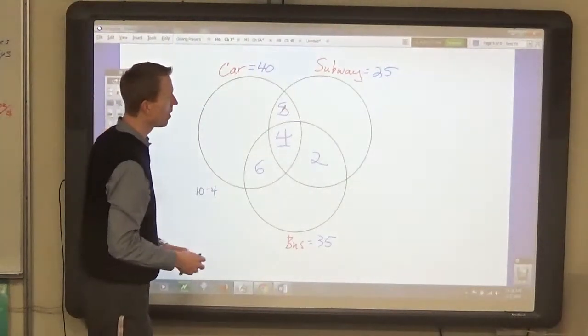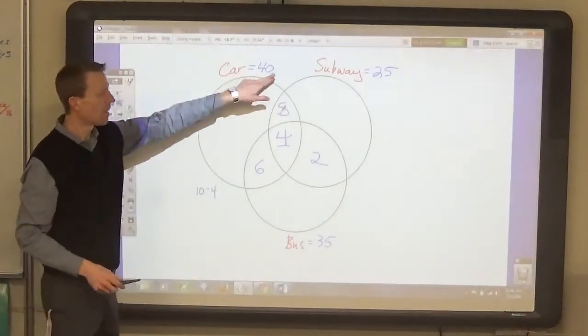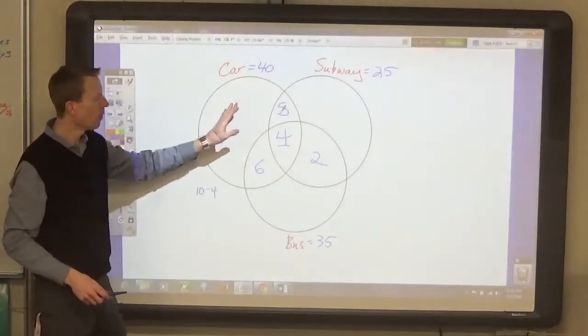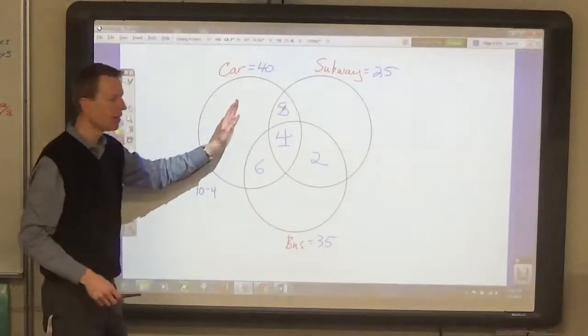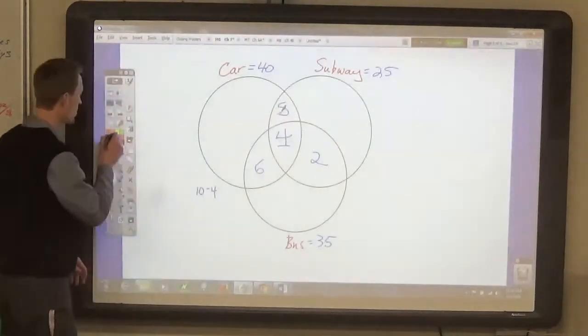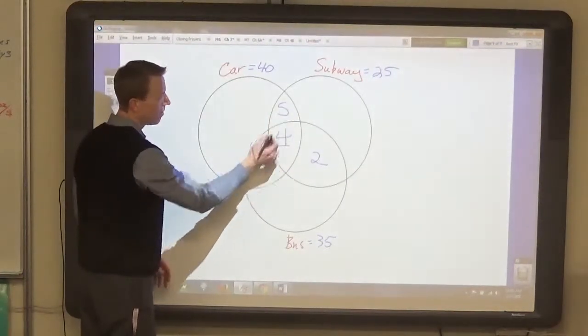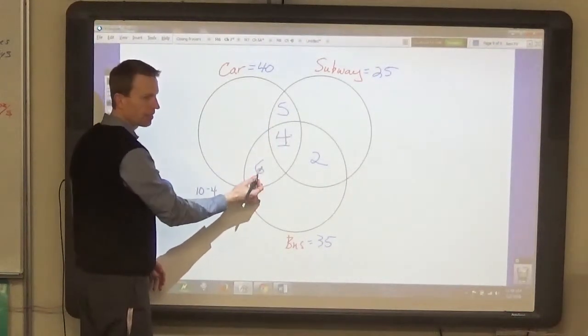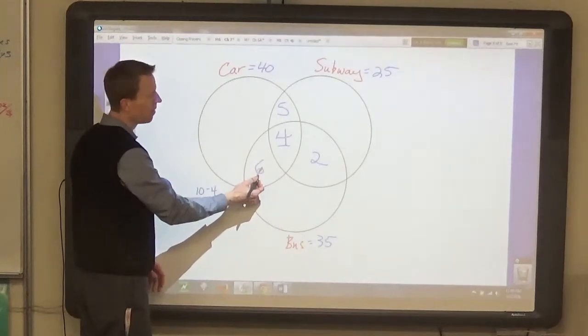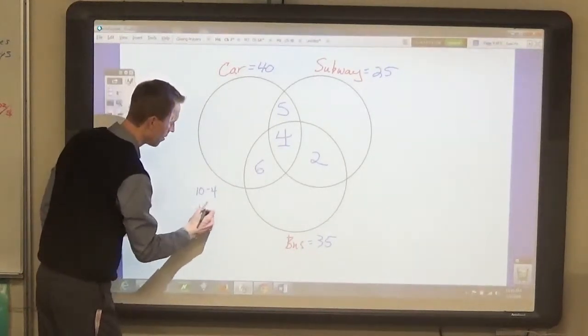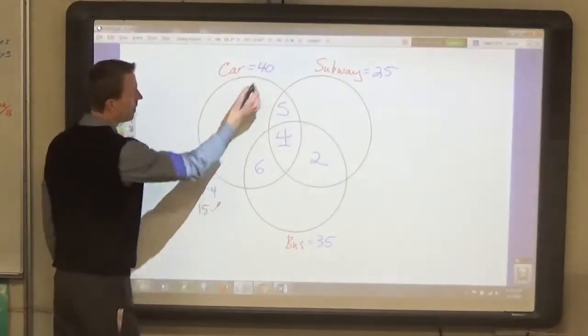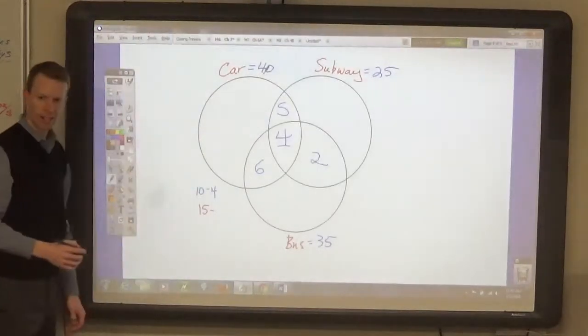Now we can figure out, based on the total, what do we need to put in here? How do we find that out? We've got each of the groups, and if we add these up, 5 plus 4 plus 6 is what? 15. And we take away 15 from 40.